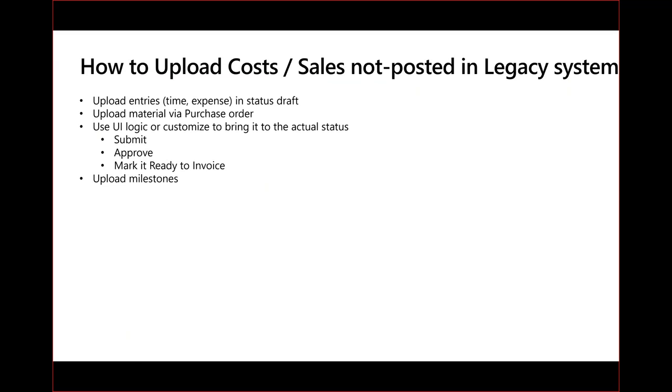You would first bring it from draft to submitted, from submitted to approved, and even once it is approved, you might find the actuals and mark those as ready to invoice. And the last step is we need to think about milestones. So if we have open milestones, we're going to upload those as well.